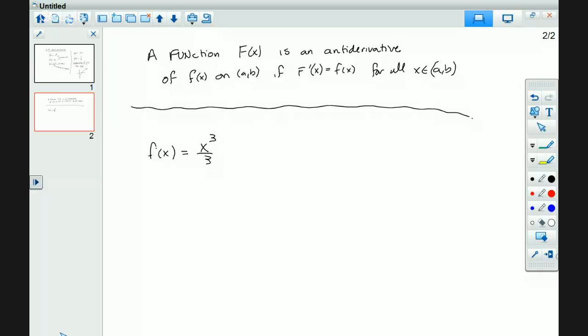This is how we write it. This is how you're going to be asked of it. Calculate the antiderivative of x cubed over 3.